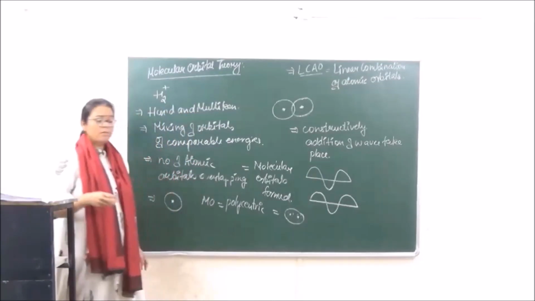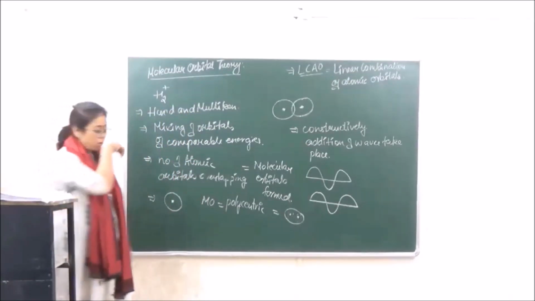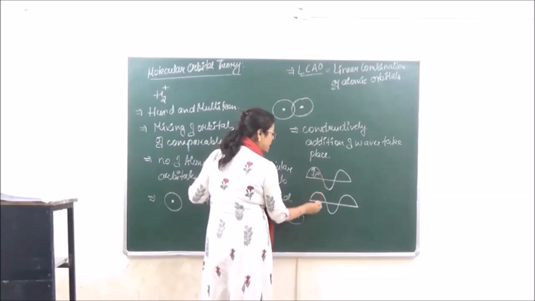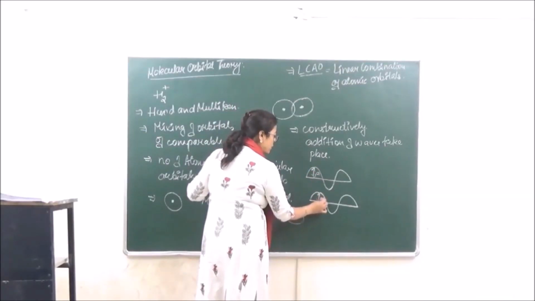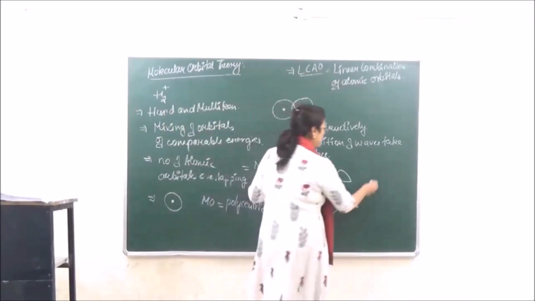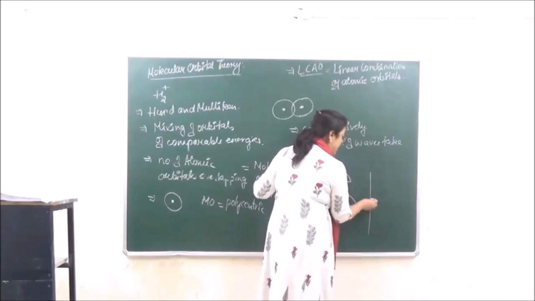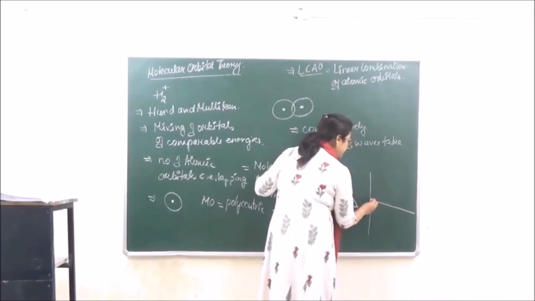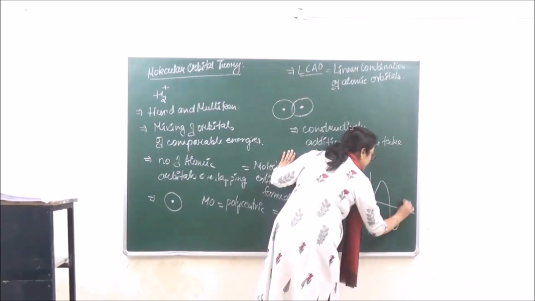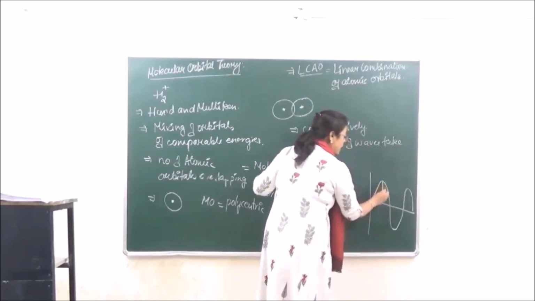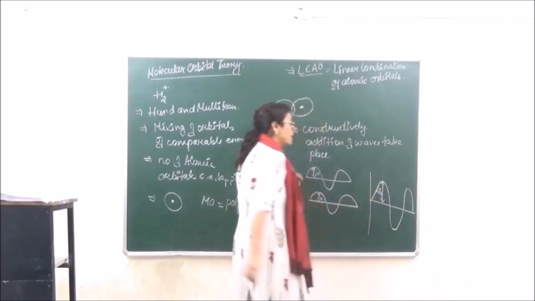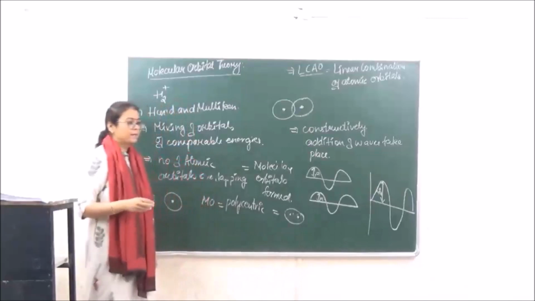Now constructively, if they are merging with each other, let's say the amplitude over here is going to be A, and the amplitude over here is also going to be A. So when constructively they overlap, the final wave which we are going to obtain is going to be this, in which the amplitude becomes equal to 2A.